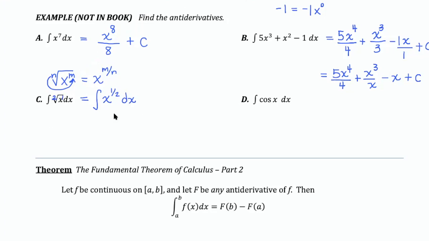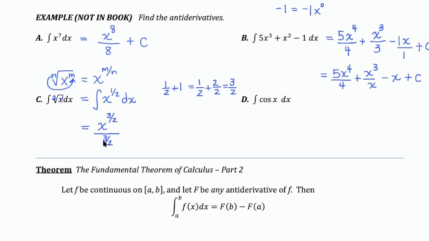Now we're ready to integrate this, and you've got to be a little bit fraction friendly because we have to add 1 to that exponent. So if you're going to take 1/2 and add 1, you of course have to do that with a common denominator. 1 can be rewritten as 2/2, which means that sum becomes 3/2. So we're going to have x to the 3/2 power divided by 3/2.